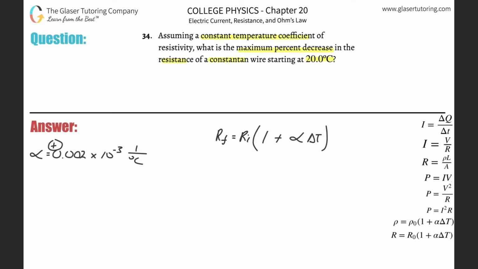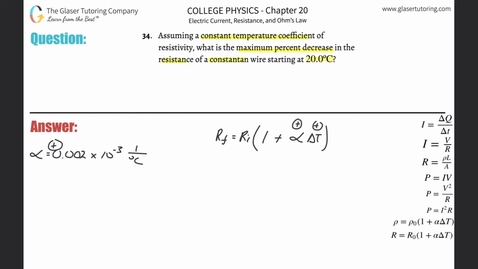Mathematically speaking, if this is positive and the temperature change were also positive, that would work out to be a positive value overall for this term. If I take a positive answer and add it to 1, then this whole term is larger than 1.